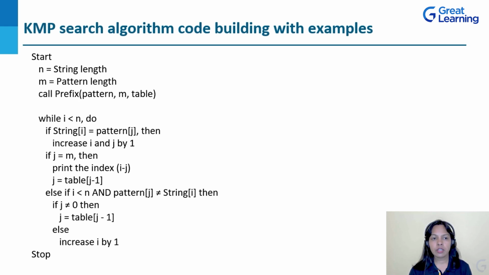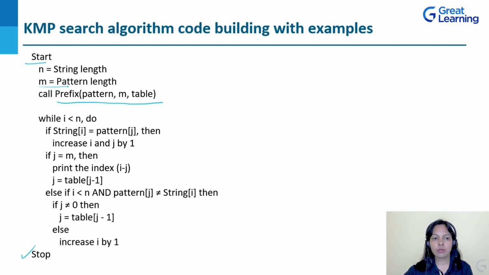To talk about KMP search algorithm code building with examples, I am going to talk here about the algorithm of KMP pattern search, or pattern matching. So here the algorithm is something like this. It starts from creating a prefix table. To create a prefix table, we should be aware of the number of characters in the pattern, right?